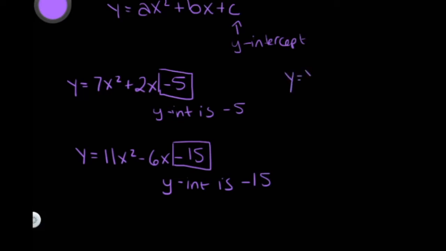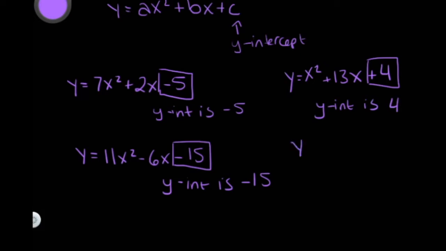Another example, y equals x squared plus 13x plus 4. The y-intercept is right here. The y-intercept is positive 4.